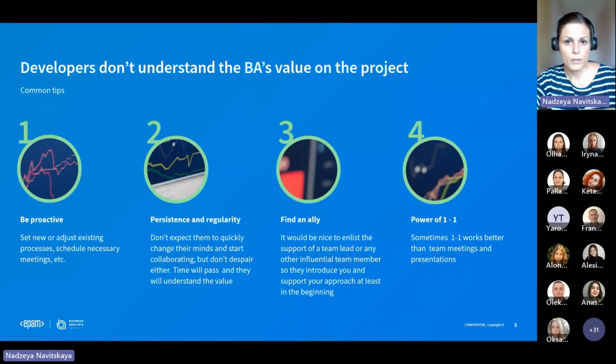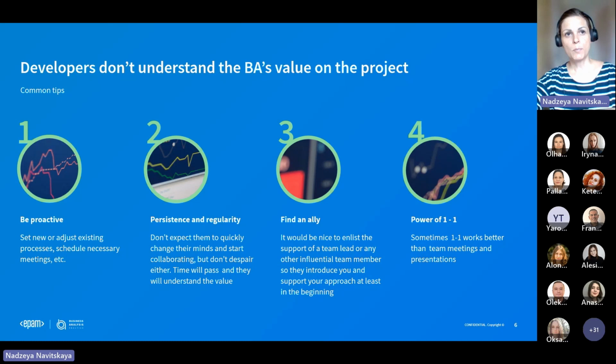Let's move to the next slide, which is also connected with the first case when developers don't value business analysts. So, more tips: just be proactive.